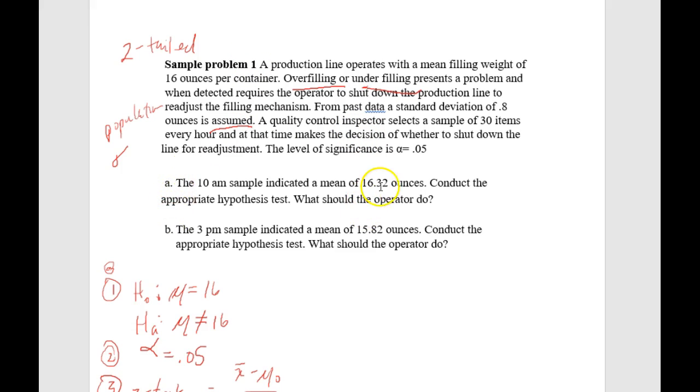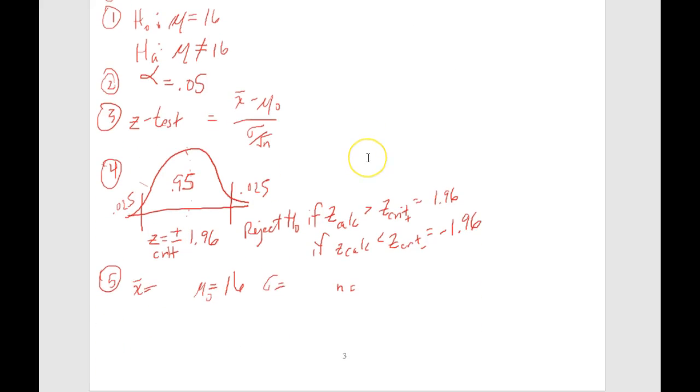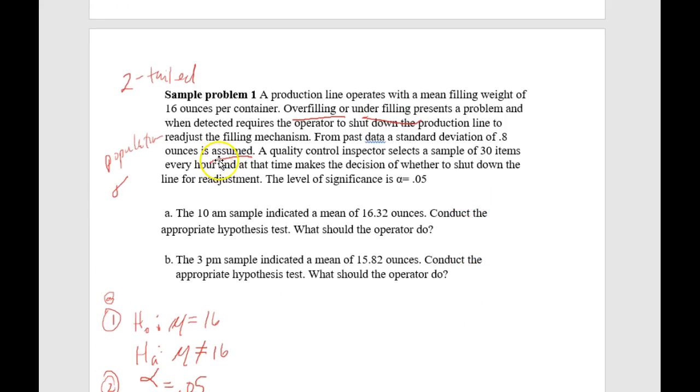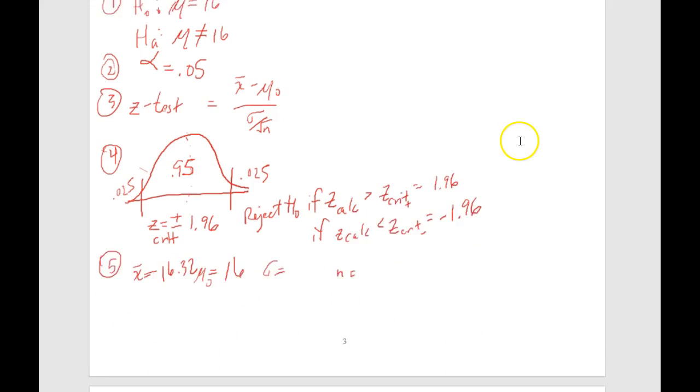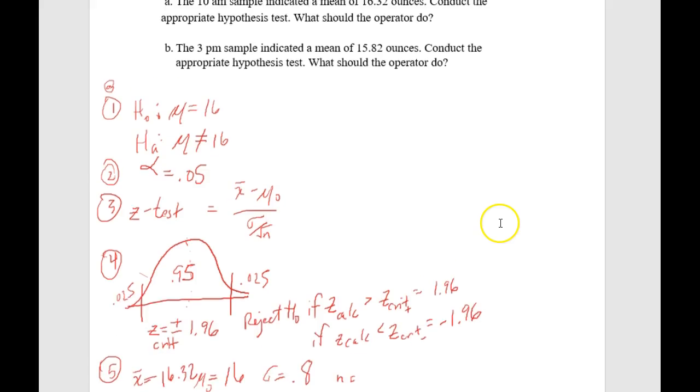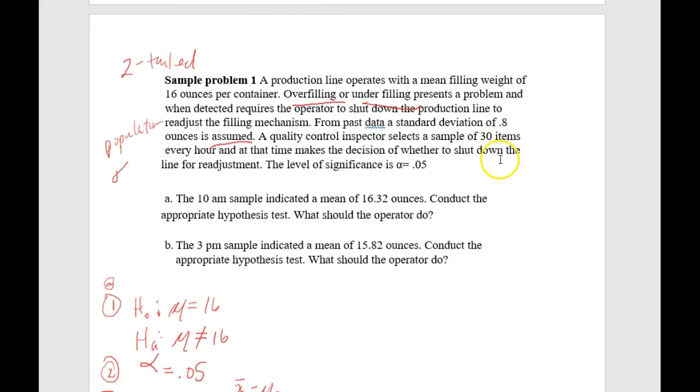That was given to us in part A, so 16.32 ounces. Sigma was that assumed value of 0.8. It's in the problem. And n was the sample size, which was given to us in the problem as 30.